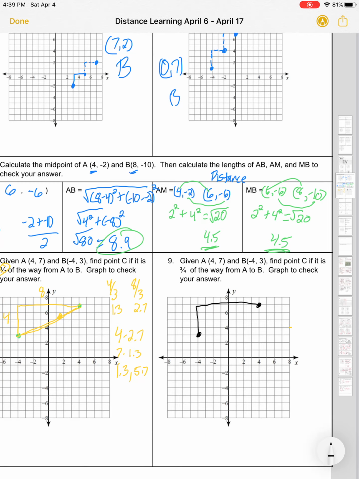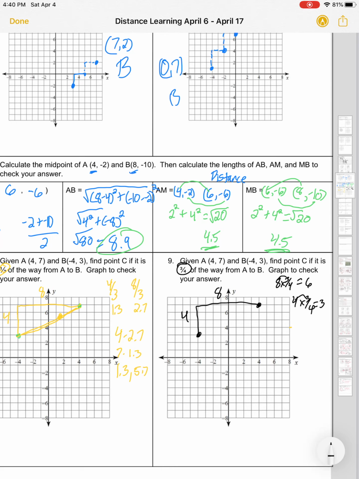To get there we go 4 and 8, but this time we're using 3/4, so you multiply that by 3/4. 8 times 3/4: you multiply the top, 8 times 3 is 24, and then divide by the bottom, so 24 divided by 4 is 6. 4 times 3/4, 4 times 3 is 12, divided by 4 is 3.